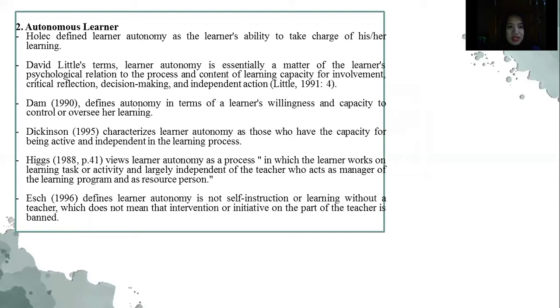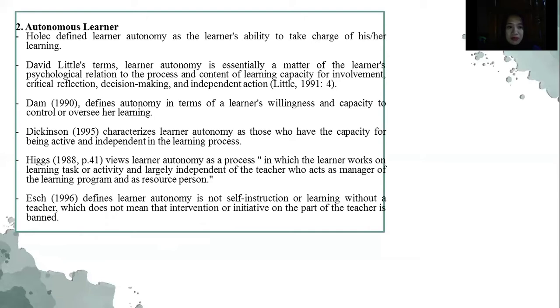Based on David Little's terms, learner autonomy is essentially a matter of the learner's psychological relation to the process and content of learning: capacity for involvement, critical reflection, decision making, and independent action, based on Little 1991, page 4.